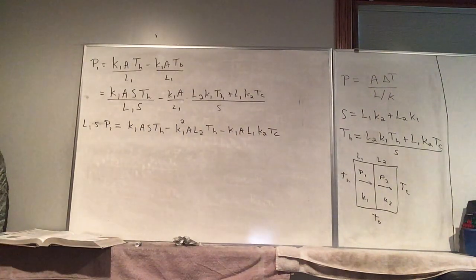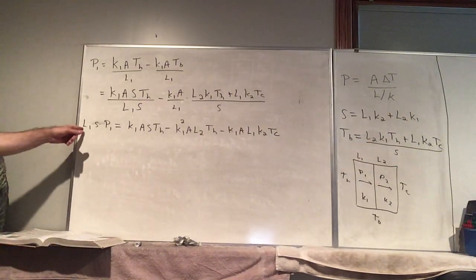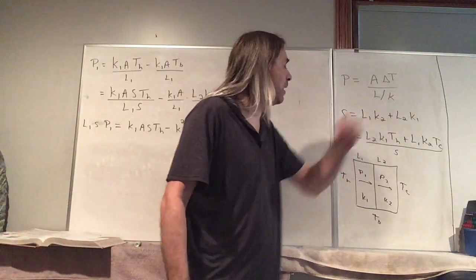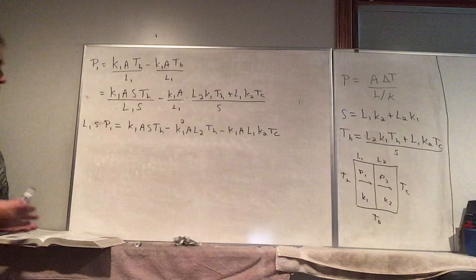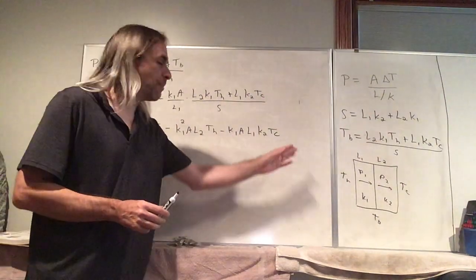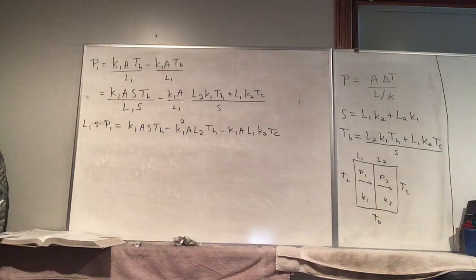So in a sense, it's almost like we're done. We could just plug in everything because we got rid of TB. So in this problem, we know L1, we know S because that involves L and K's, which we know. We know the area. We basically know everything here, but what we want to do is really clean this up a lot.